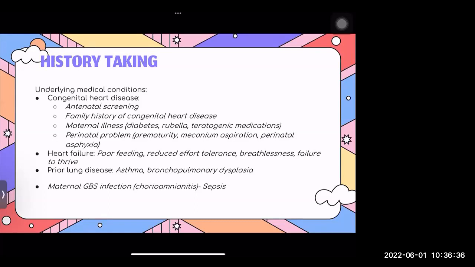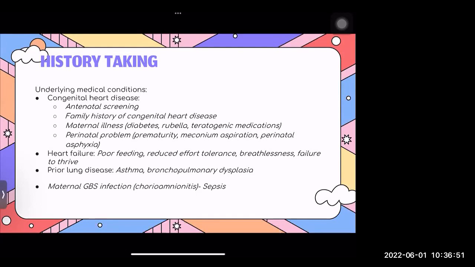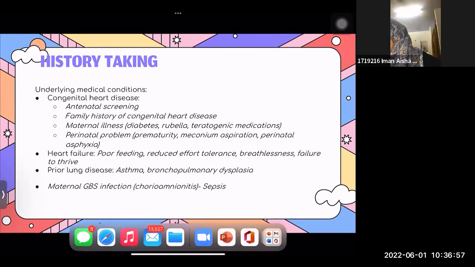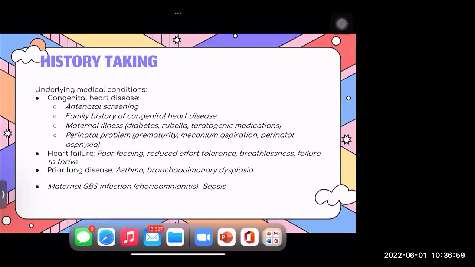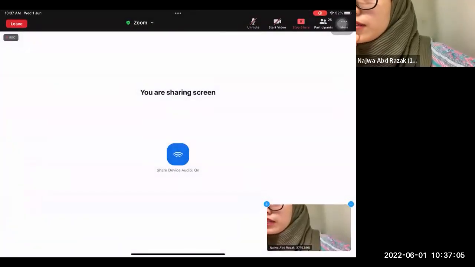If it's a baby, how would you ask the mother about poor feeding? How does a baby feed? Breast milk. Reduced breast milk feeding.